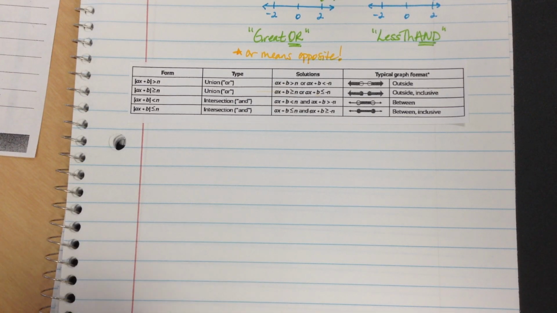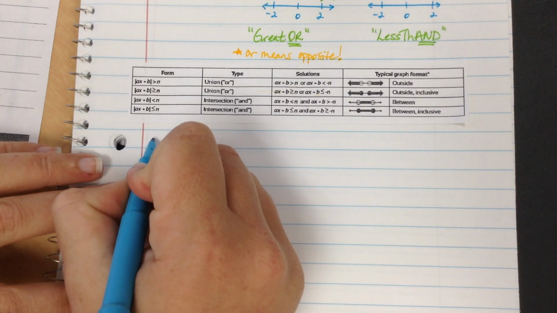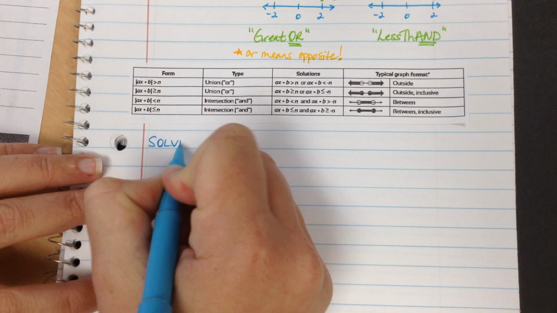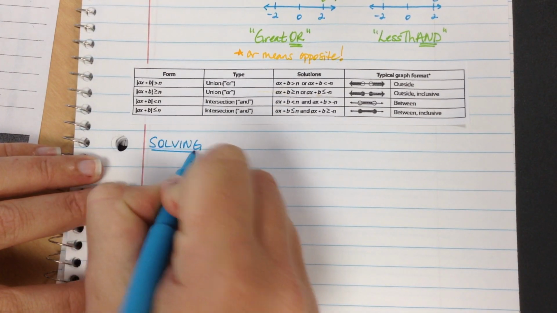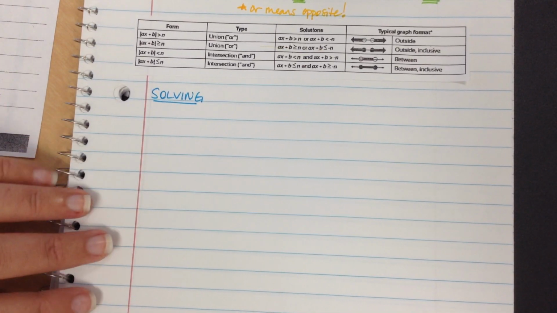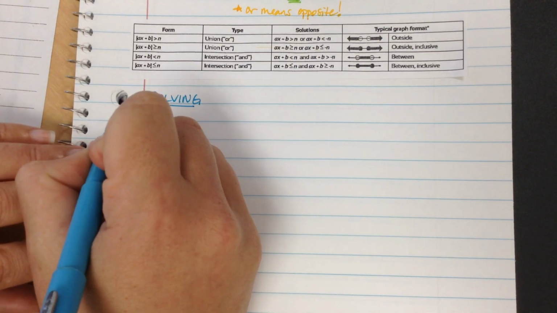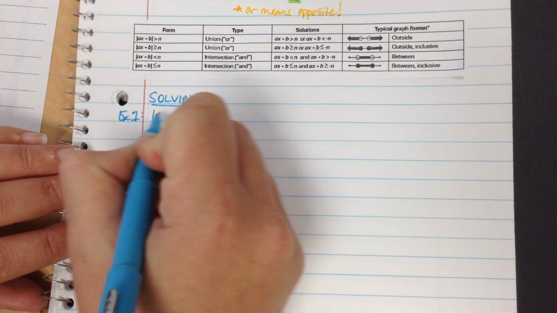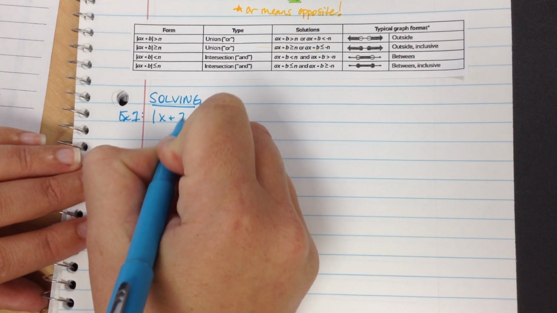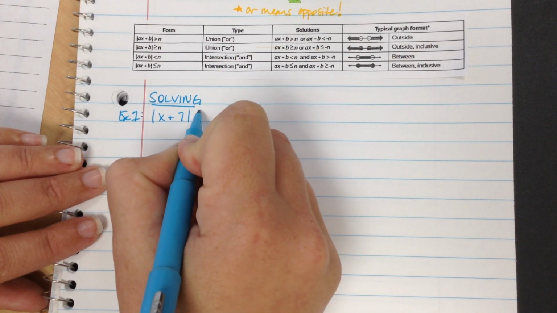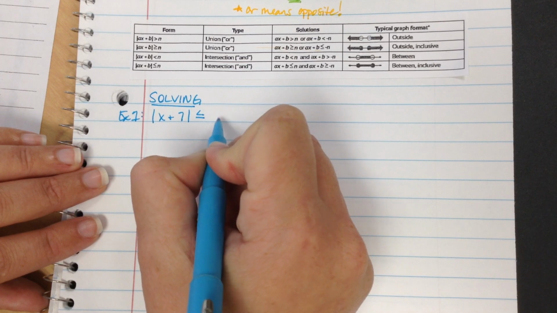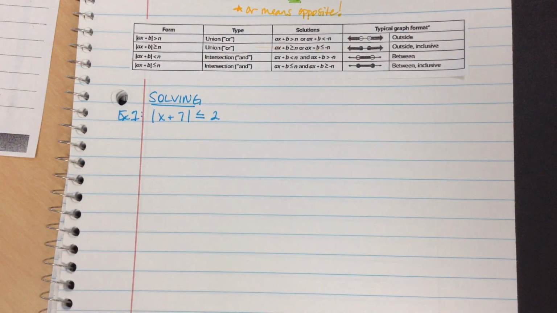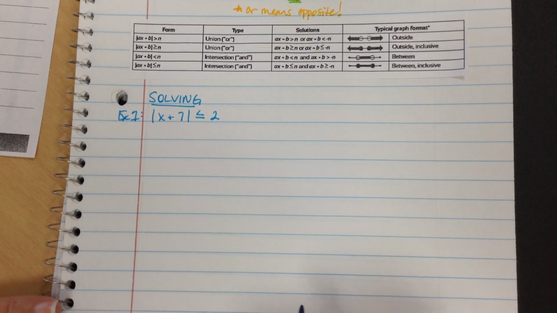All right, practice problems. Let's solve some. Example 1. Absolute value of x plus 7 is less than or equal to 2. So steps don't change.